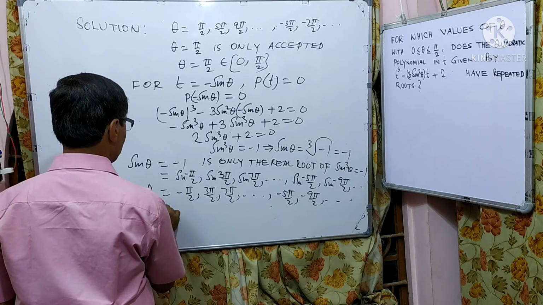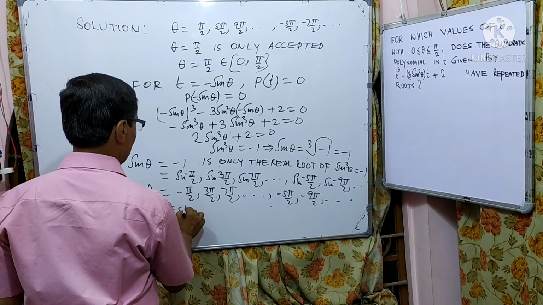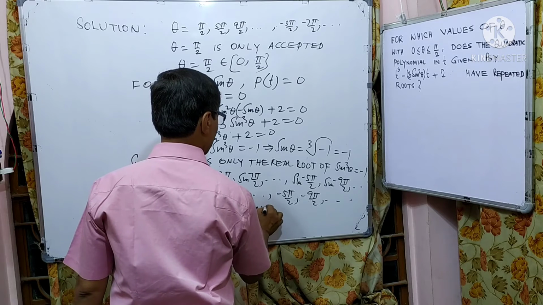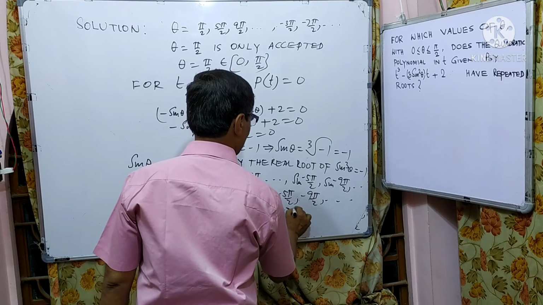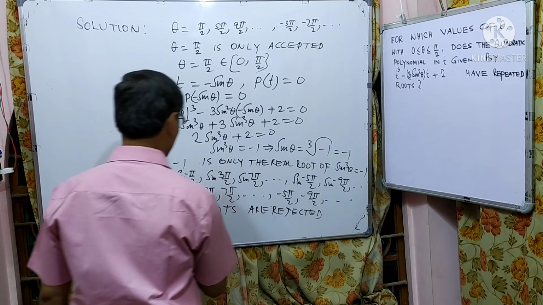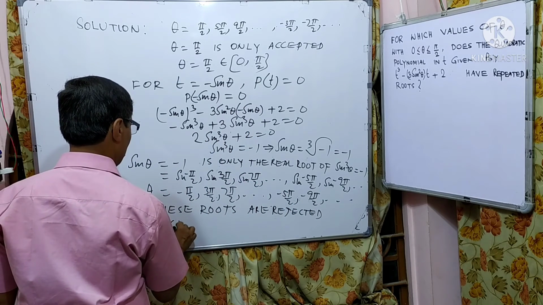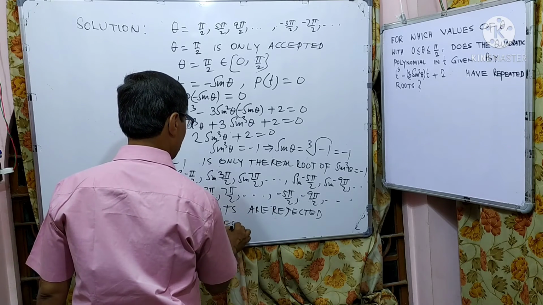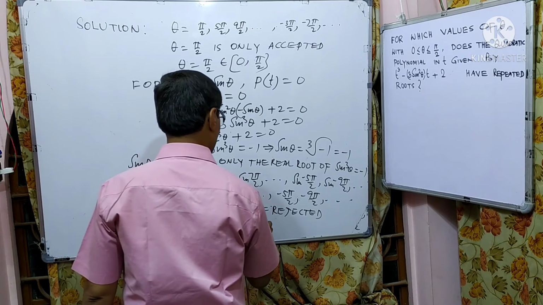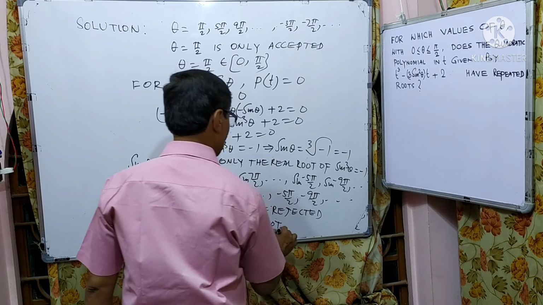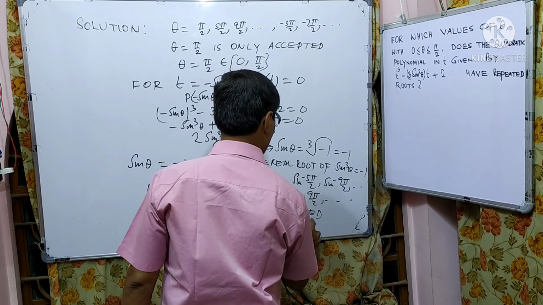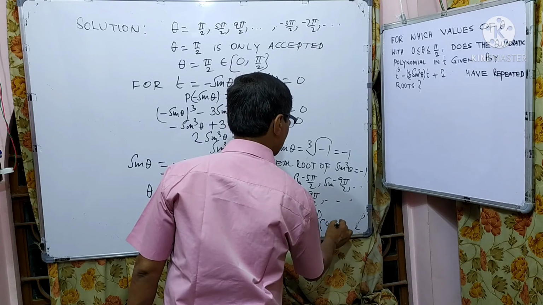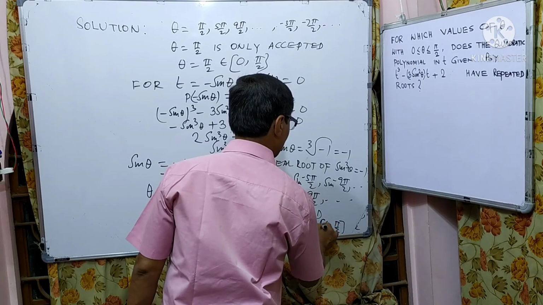So these roots are rejected because these do not lie in the closed interval 0, pi by 2.